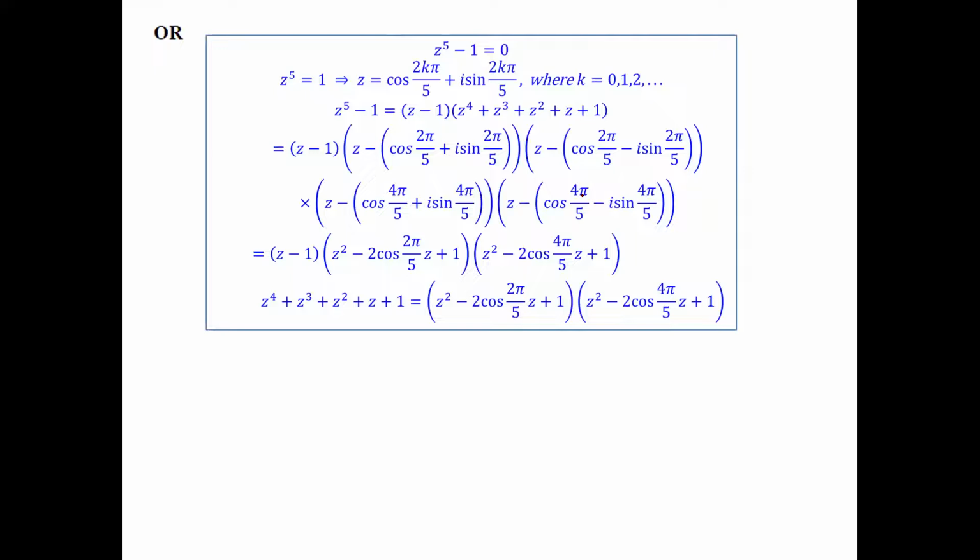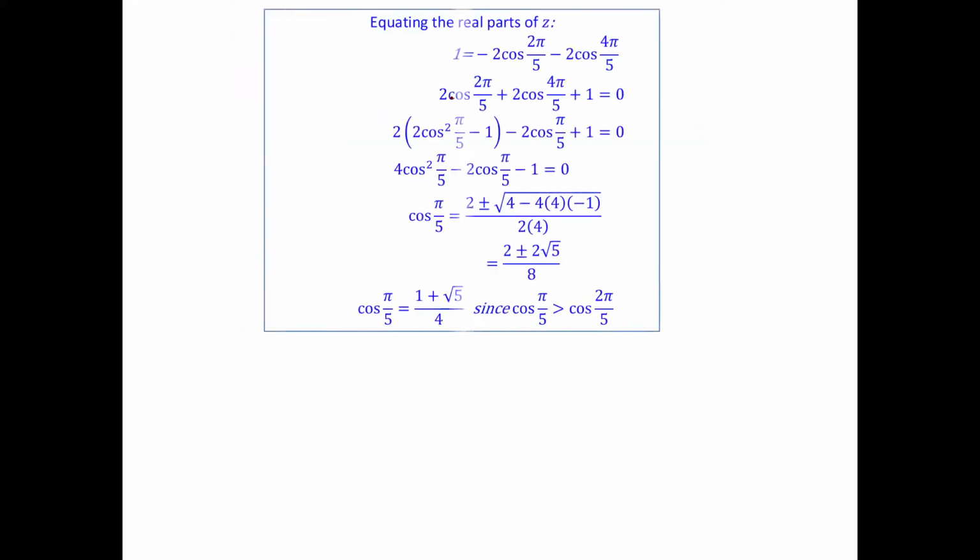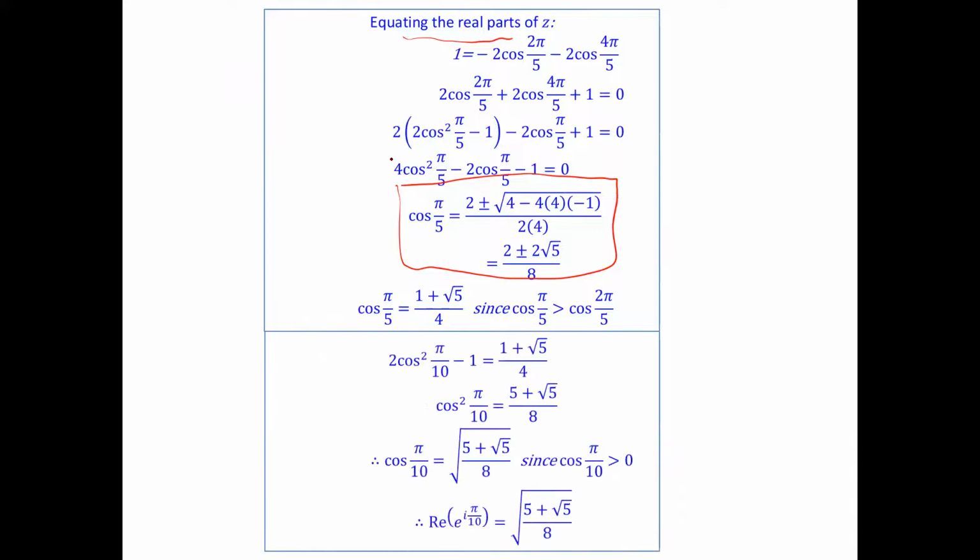Another method is very similar: again find the fifth roots of unity, factorize z to the 5 minus 1, and then equate the real part of z. Again, solve the quadratic formula in terms of cos π/5, then use a double angle to establish cos π/10.